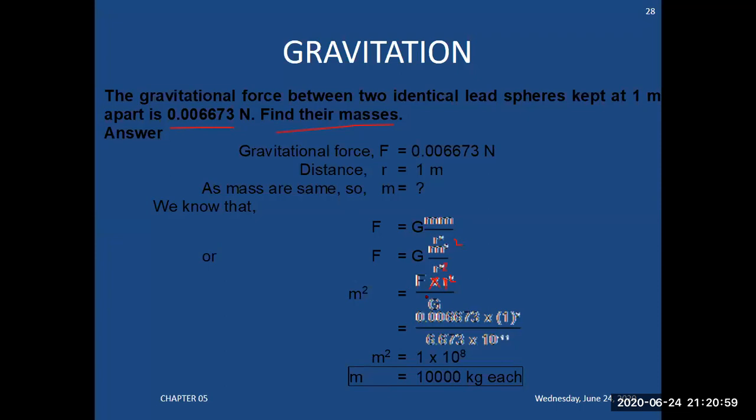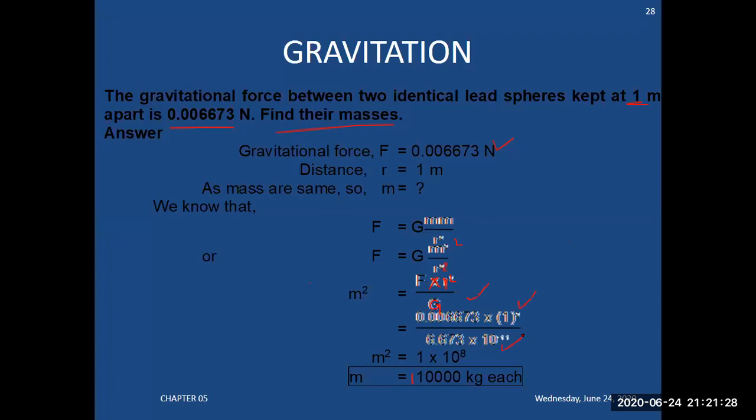After putting the values, here is G, and this is M square. You will take the square root on the other side when you are calculating it. F is given, that is 0.00673, and you are also given the distance between them, that is 1 meter, so you place 1 meter square.